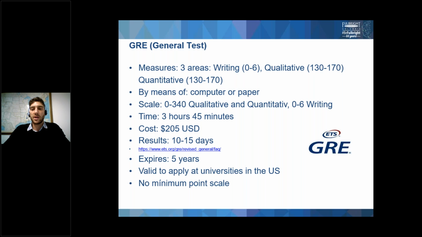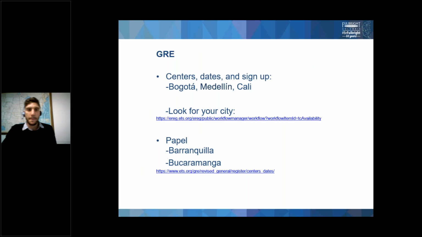We do not require a minimum, but please, I urge you to study because this exam takes some preparation, at least a few months. So you want to make sure you get a book or you take a course and you study for this exam thoroughly before you take it.